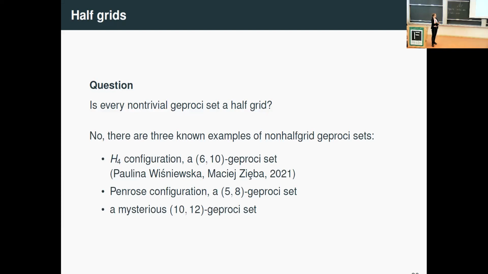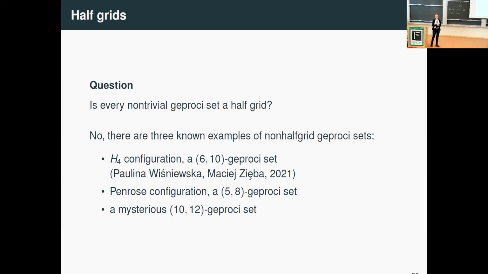The first example is the H4 configuration, which is a 6 times 10 Geproci set, and it was studied by Paulina Wiśniewska and Maciej Ziemba in 2021. This configuration also comes from the root system, but the maximal number of points on a line is 5, so this set cannot be covered by 10 lines.